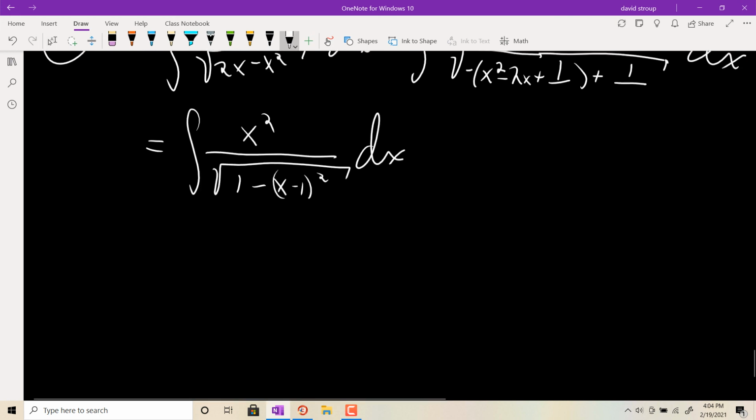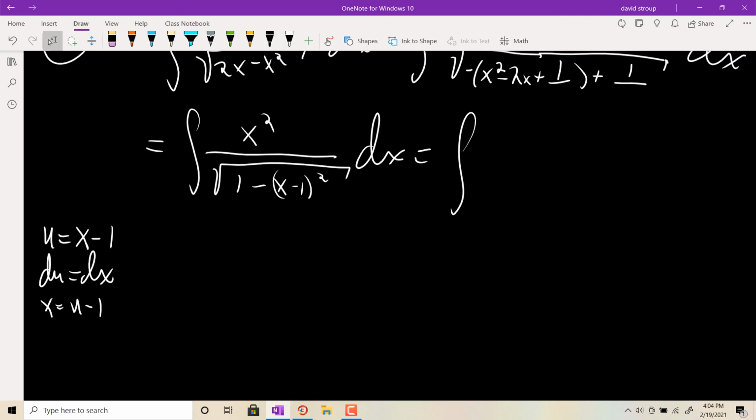So we have what looks like a u sub for x minus 1. For the beginning of this, that's probably what I would do. du is dx. And so x will be u minus 1. Or maybe we should just make the sine inverse equal to that. Man, this is a... Jeez, people.